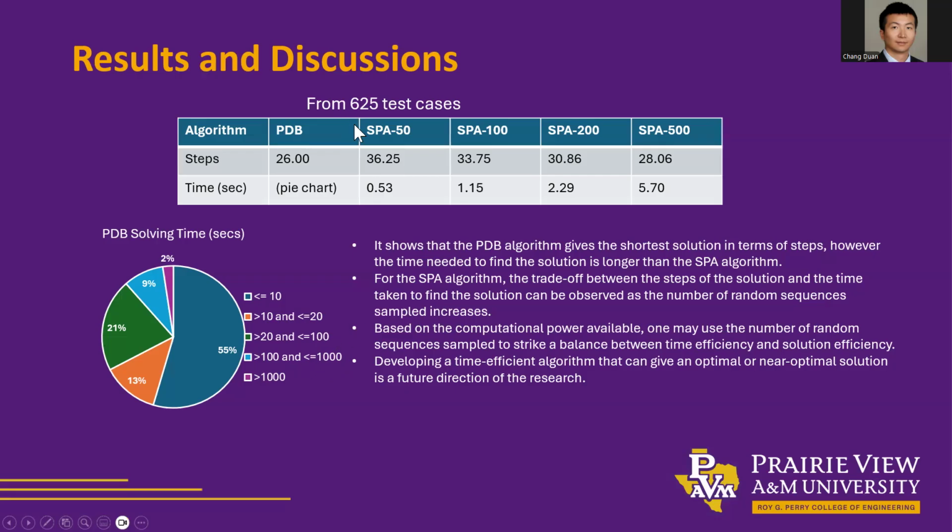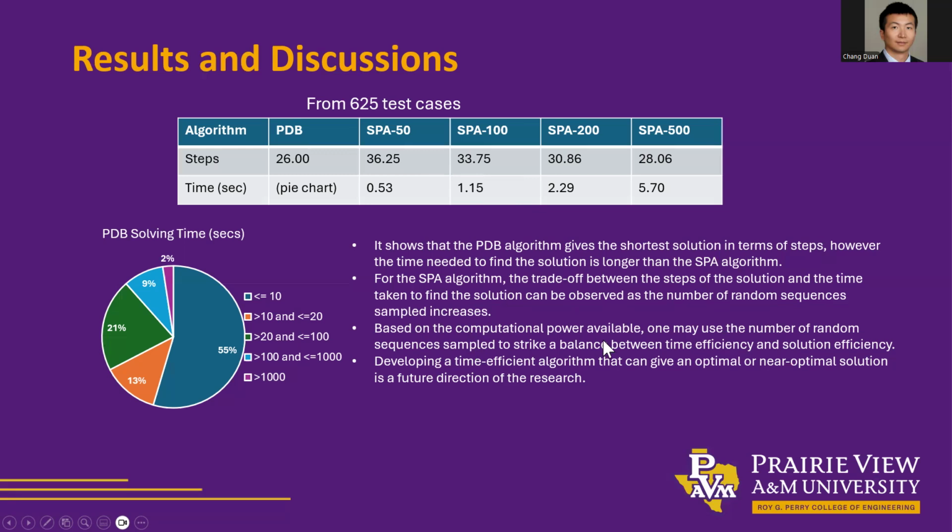Okay, so for the SPA algorithm, we can see the time is very consistent, and it looks proportional to the number of samples we generated. So the trade-off is between the steps of the solution and the time taken to find the solution.